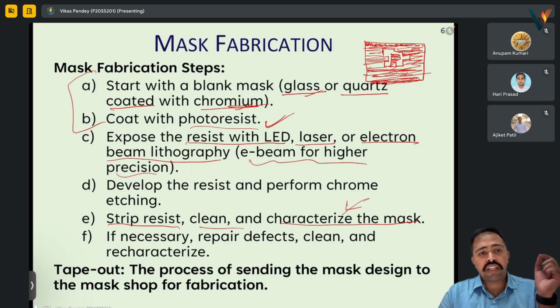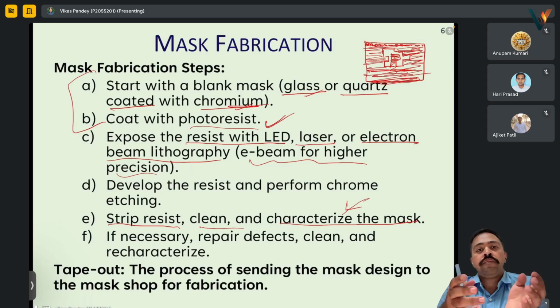Each and every critical dimension, we will check whether it has been perfectly made or not. Critical dimensions means the portions where there are chances that some overlapping can happen, or two structures might merge because they were too close.